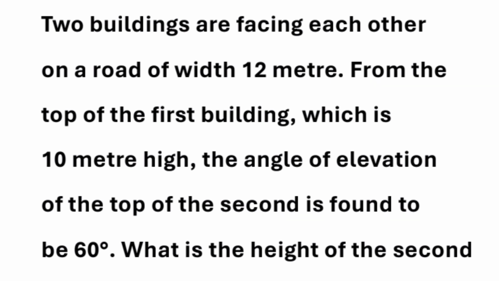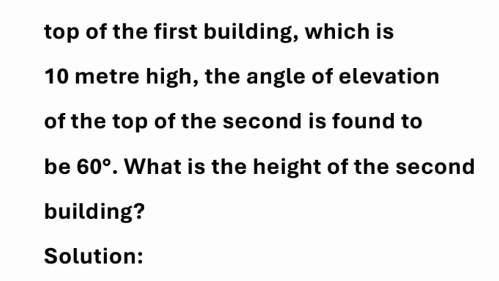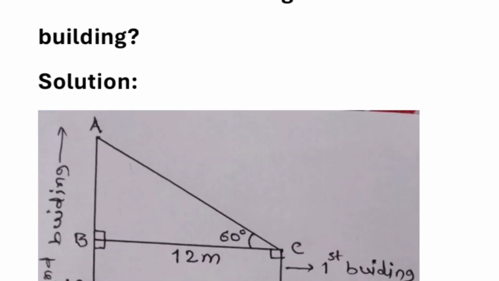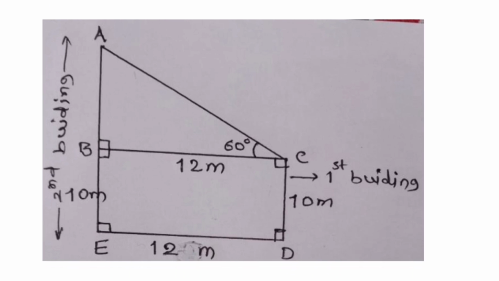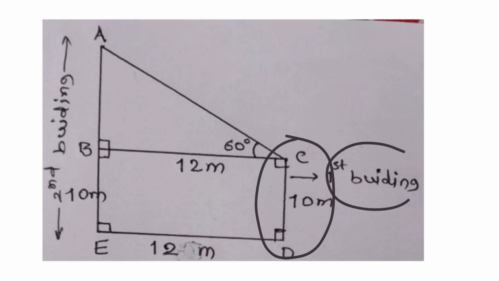Now here first we draw the figure according to the given information. That is, look here. Now here segment CD represents the height of the first building, and that is given 10 meter.